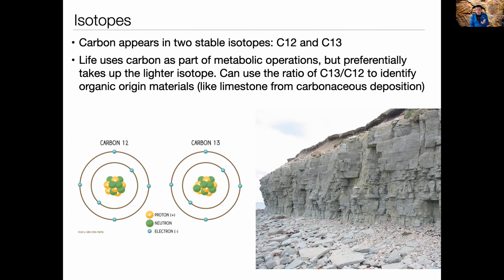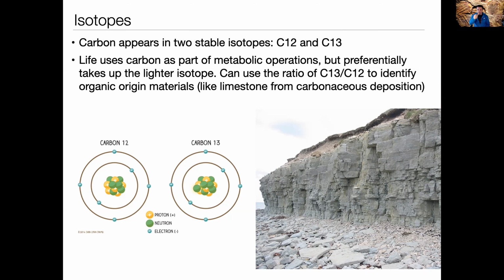It still uses carbon-13, but the amount of carbon-12 in a life form slowly builds up over time so that there's more of it than carbon-13. So we can tell that something has isotopic abundances associated with life if we see an excess of carbon-12 over carbon-13 in a deposit compared to the environment around it.